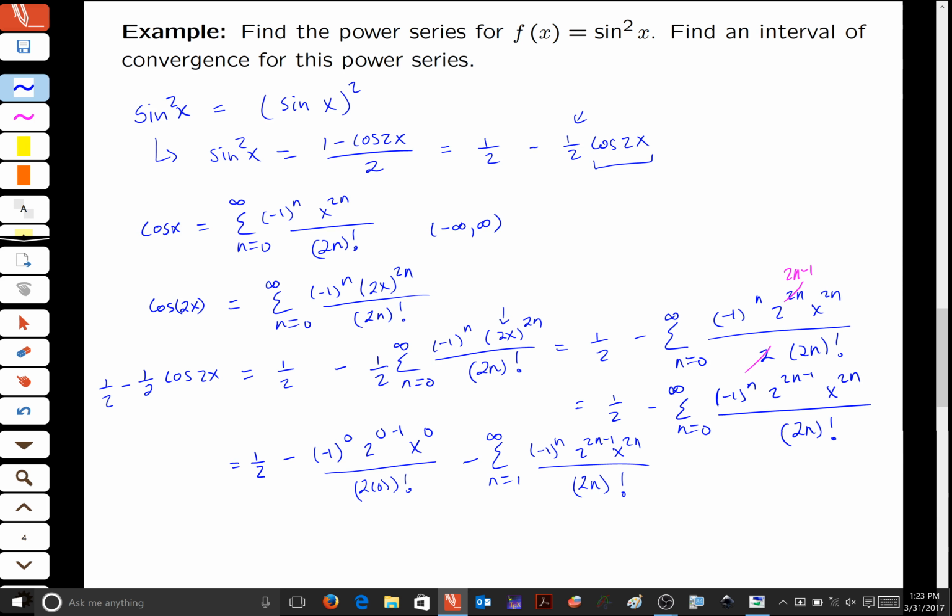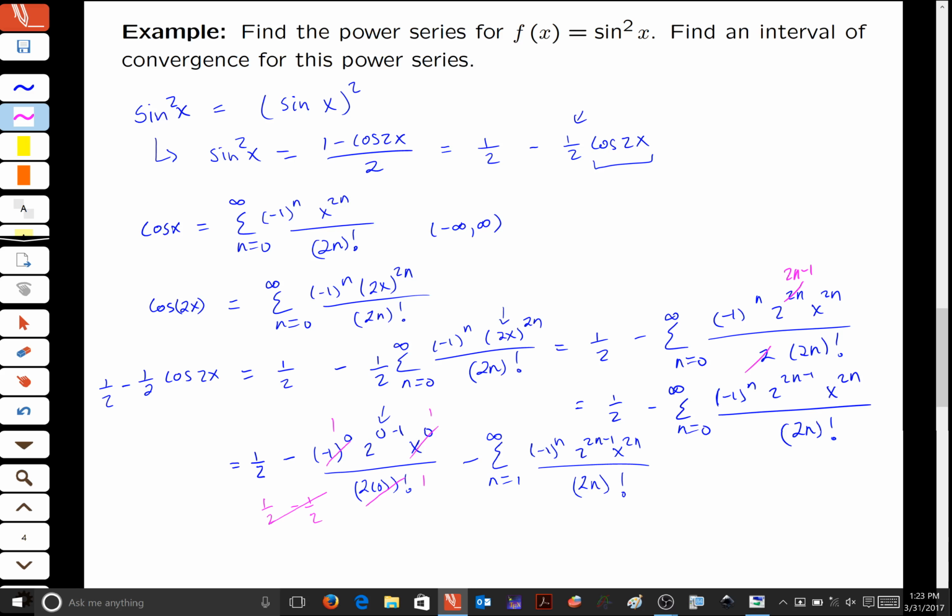What is 2 to the minus 1? 1/2, right? What is minus 1 to the 0? 1. X to the 0? 1. 0 factorial? 1. So that just leaves you a 1/2. You have a 1/2 minus a 1/2.